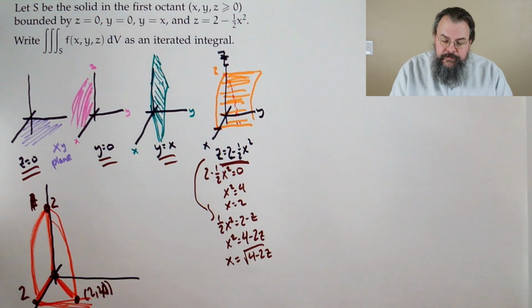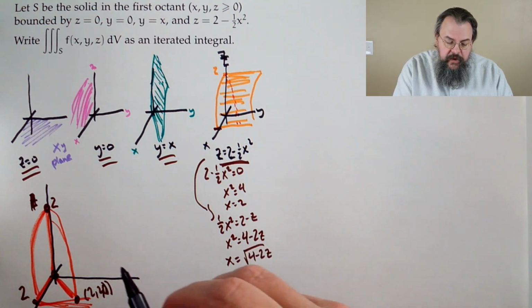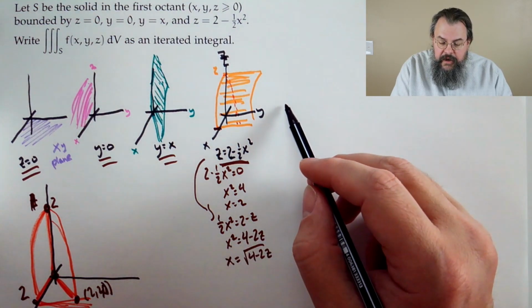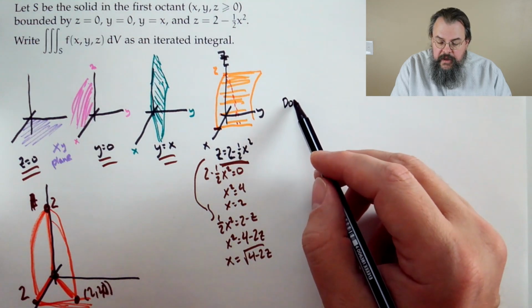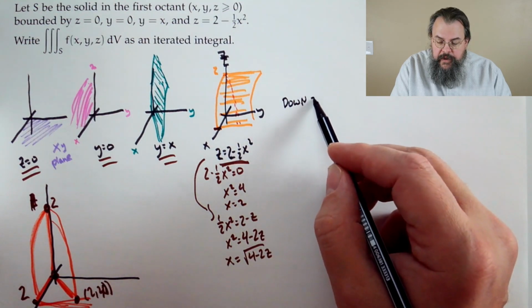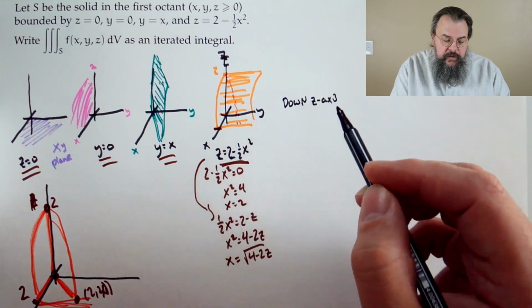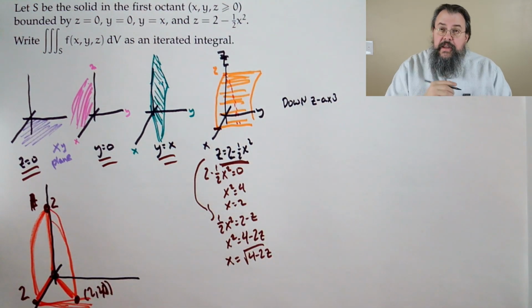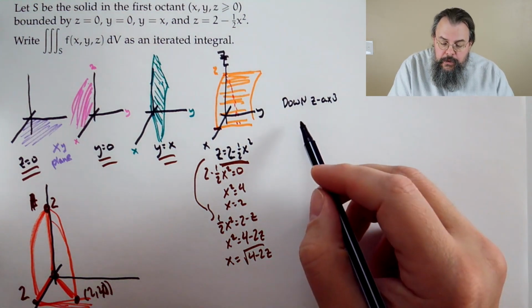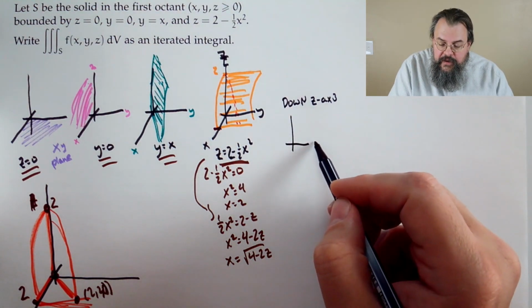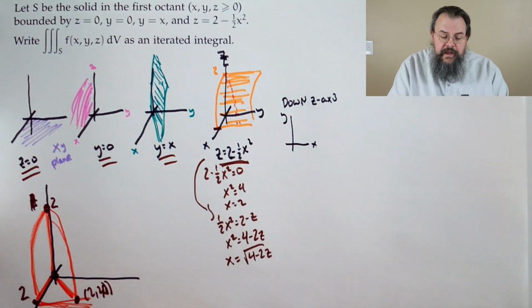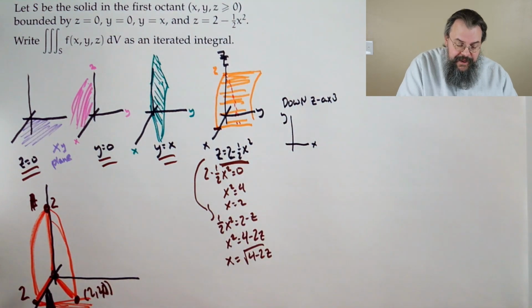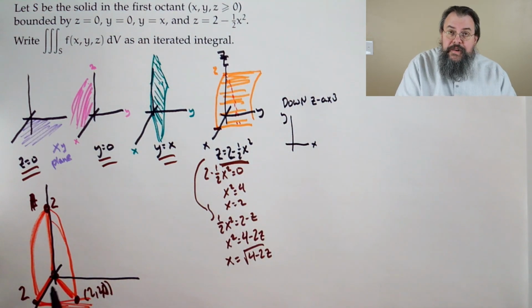So, there's some space. Well, okay, down the x, well, let's start with the z-axis. That's usually the easiest. So if I look down the z-axis, I'm looking straight down. I see the xy plane. What do we see? What's there? We see a triangle.